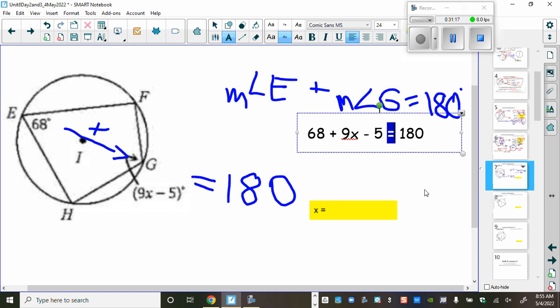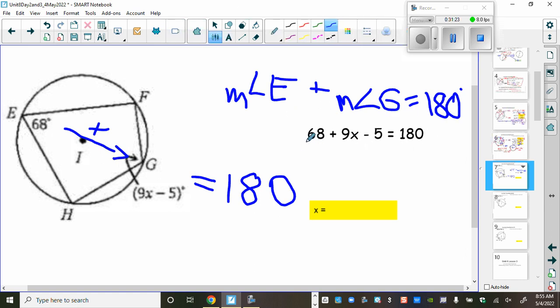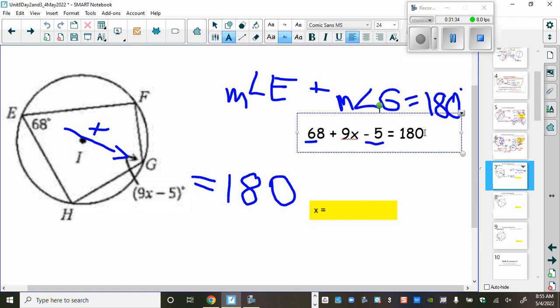Yeah, you can. Well, okay, now beware. Some of us in the past have made this mistake. The 68 and the minus 5. Since they're on the same side, do we have to do opposites or just combine the two terms? Who remembers? 68 minus 5, same side. Do we just combine them or do we do opposites? Because a lot of us make that mistake.